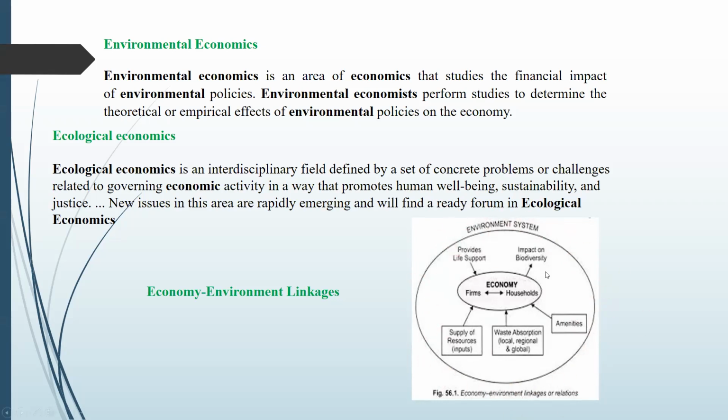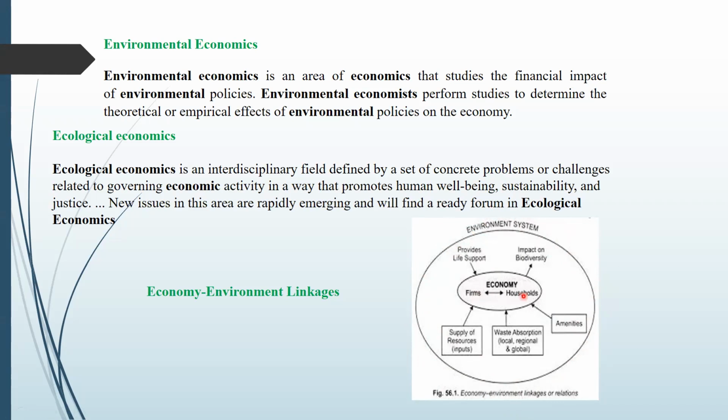In our system, we have the economy with firms and households. Firms are the responsible players in producing goods and services, and households want goods and services to consume, so they take them from the firms.